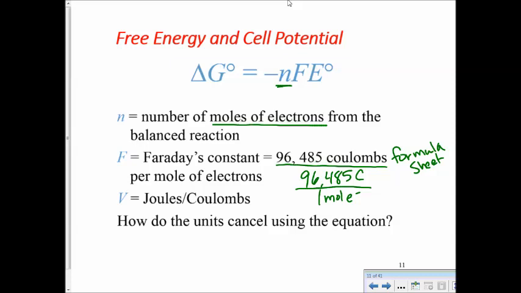Another question is, does anybody know what a coulomb is? It's a unit. What does it measure? Yes, a coulomb is a measure of charge.